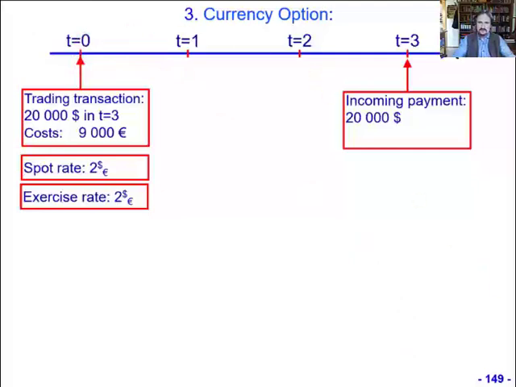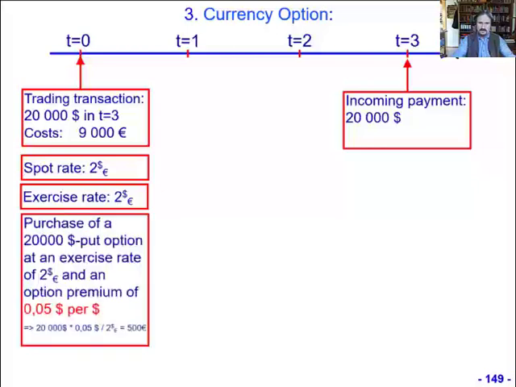Let's assume that it is possible to buy an option to exchange $20,000 3 months in the future at an exchange rate of $2 per euro for an option premium of $0.05 for every dollar exchanged forward.